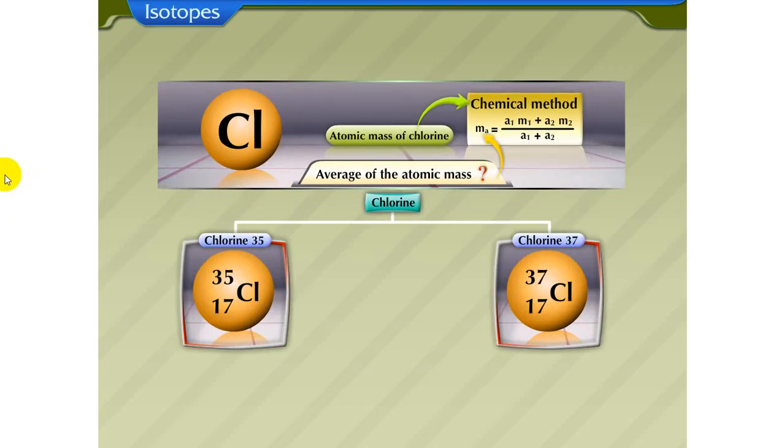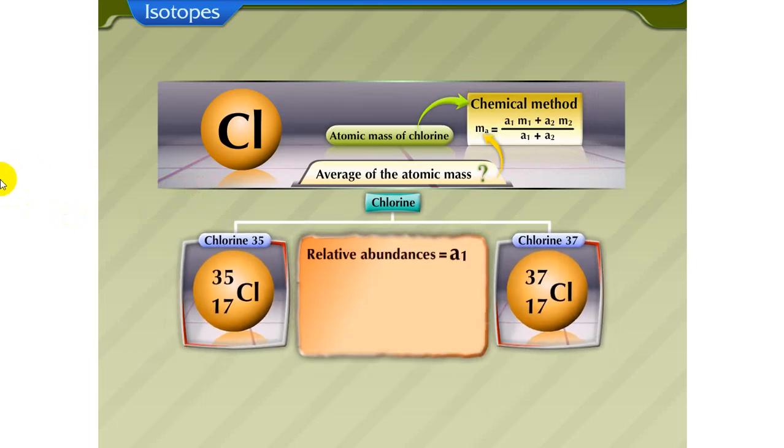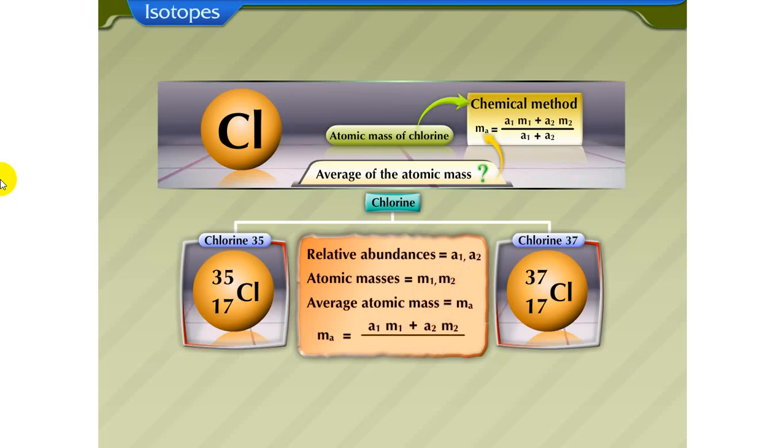Suppose that an element has 2 isotopes with the relative abundances A1 and A2 and atomic masses M1 and M2. Then the average atomic mass Ma equals the sum of the product of A1 and M1 and the product of A2 and M2, divided by the sum of A1 and A2.